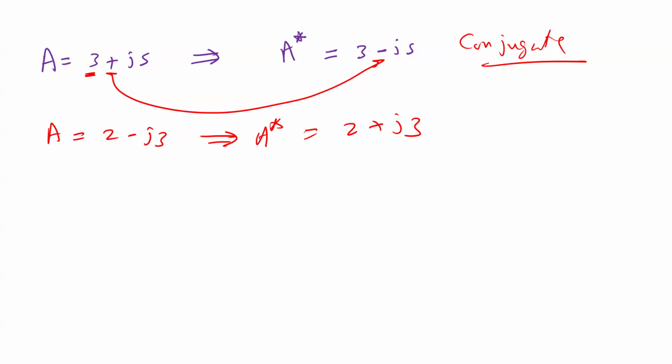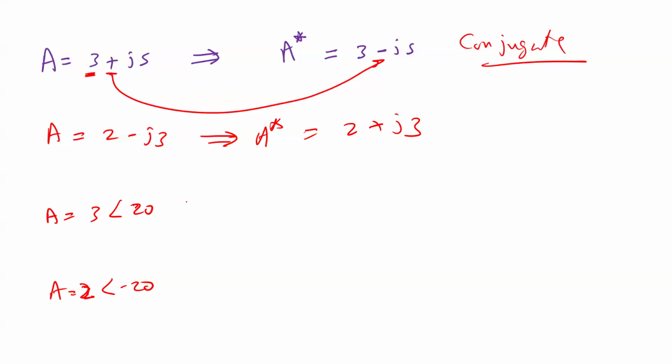The second thing here, what if this number is polar? For example, you have A equal to 3 with angle 20, or A equal to 3 with angle negative 20. The angle can be positive or negative, but the magnitude is always positive. Let me have another number, for example.